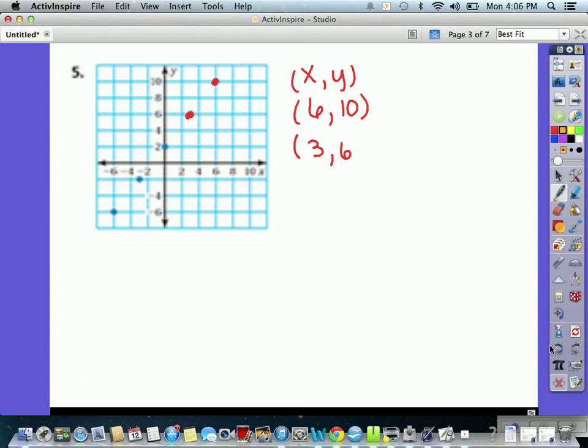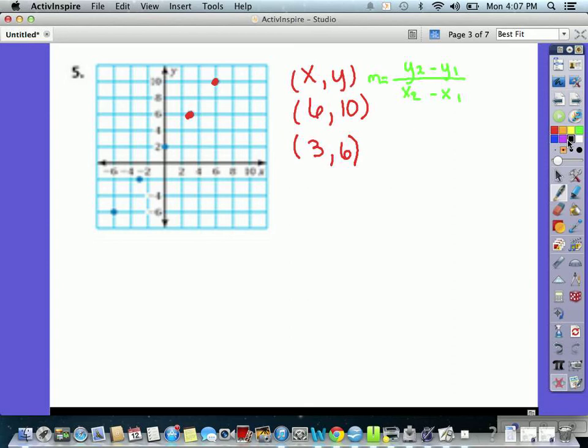Okay. So now that we have our ordered pairs, the next thing that I would like to do is find my change in y and my change in x. That formula again is y2 minus y1 over x2 minus x1. This is my m. Now all I'm going to do is substitute my numbers.